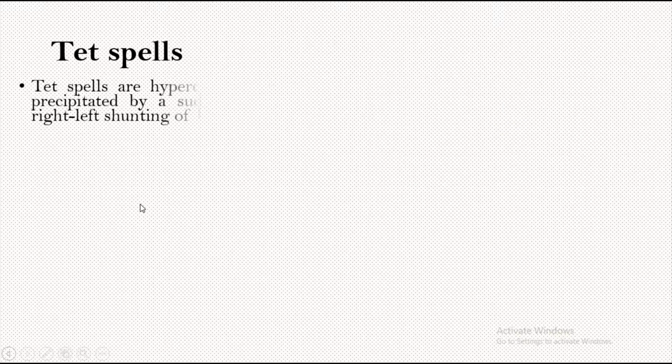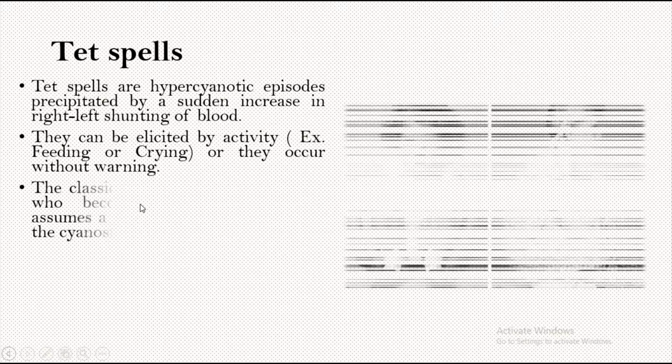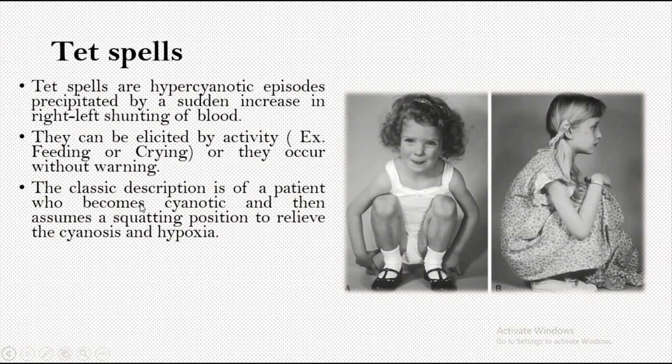So, the tet spells are the hypercyanotic episodes precipitated by a sudden increase in right to left shunting of blood. They can be elicited by activity like feeding or crying, or they can occur without a trigger. The classic description is of a patient who becomes cyanotic and then assumes a squatting position to relieve the cyanosis and hypoxia.